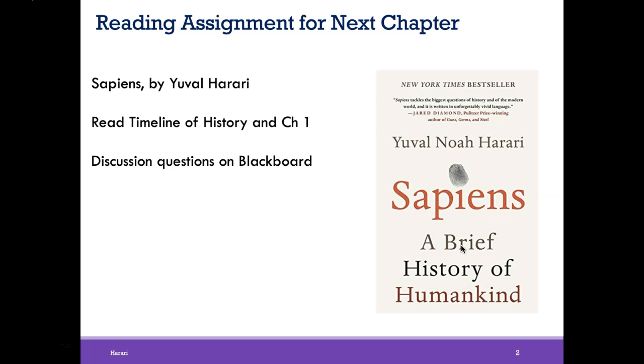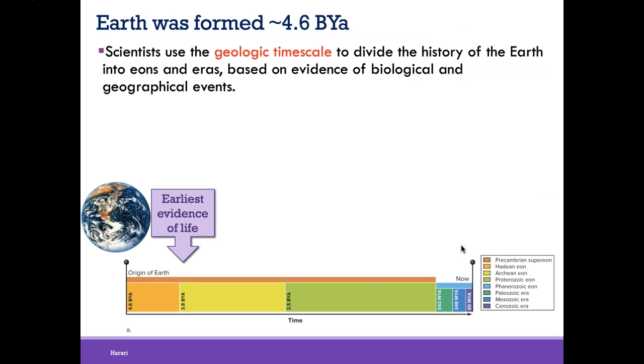So now we can start talking about the evidence of evolution. In Darwin's time, some scientists suspected that Earth was hundreds of millions of years old, but no one could have known that Earth was formed 4.6 billion years ago. Scientists use what's called the geologic timescale to divide the history of Earth into eons.